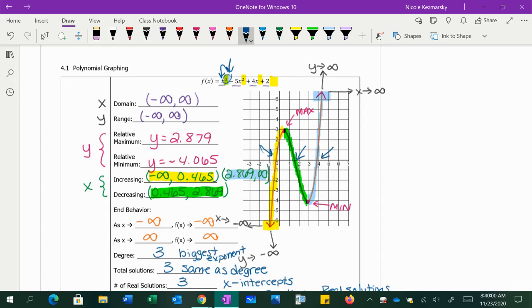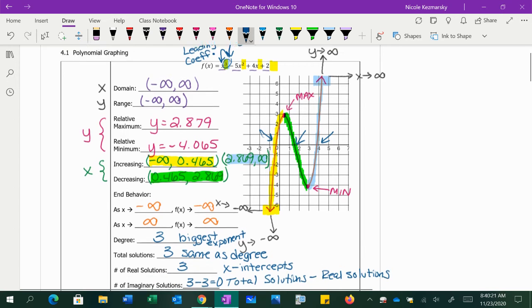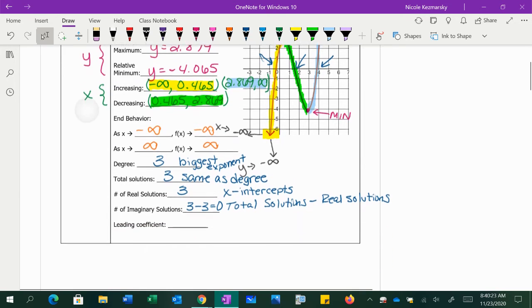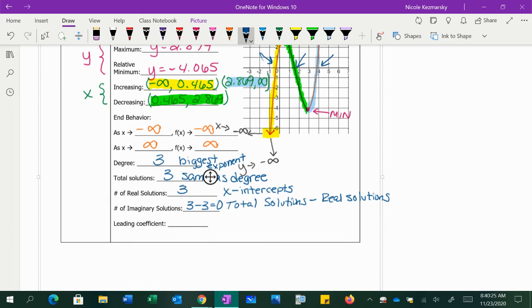And whatever that number is that's in front of the x, this guy right here, is the leading coefficient. Kind of abbreviated there because we're running out of room. Okay, so this was the degree. And that's the leading coefficient. So in this case, there is no number written, which means the number is 1.